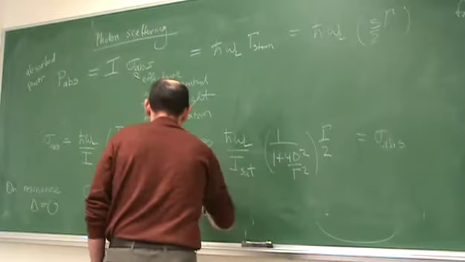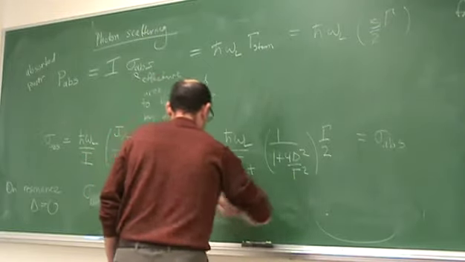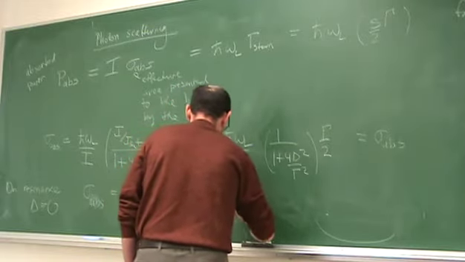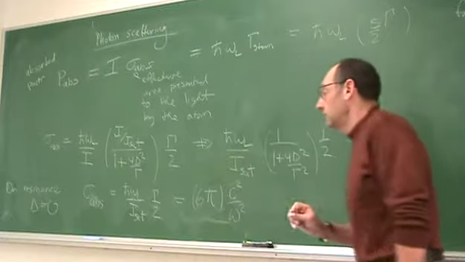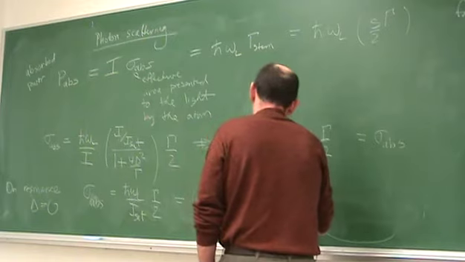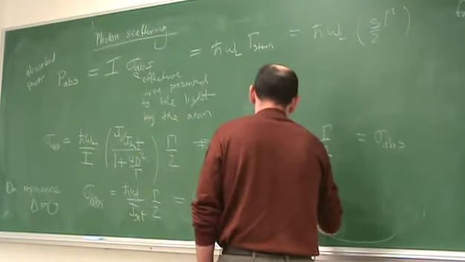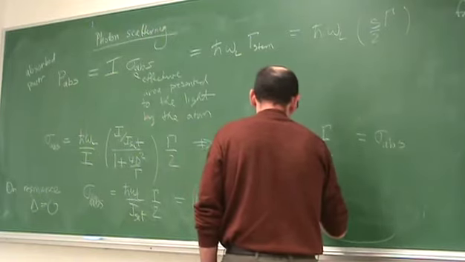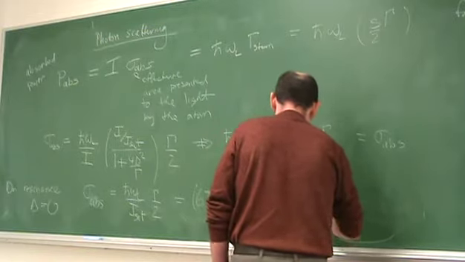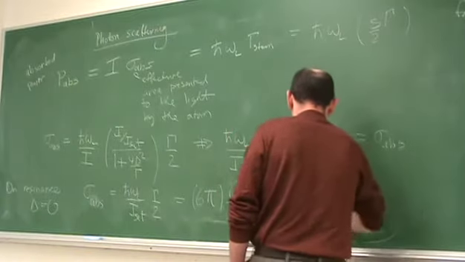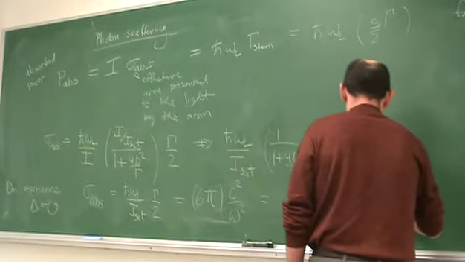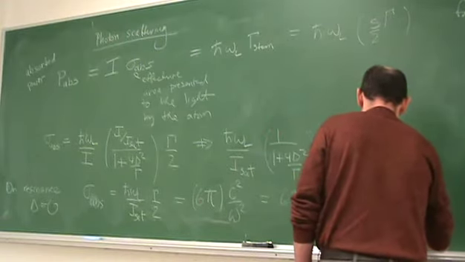What we get is 6 pi c squared over omega squared, which is equal to six pi times lambda over 2 pi squared, which is 3 lambda squared over 2 pi.